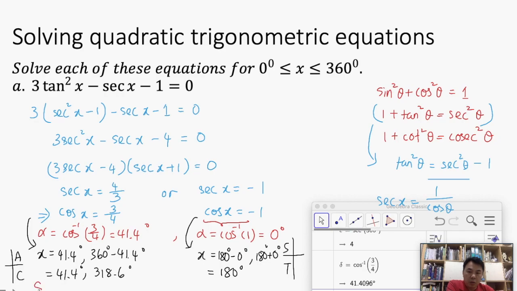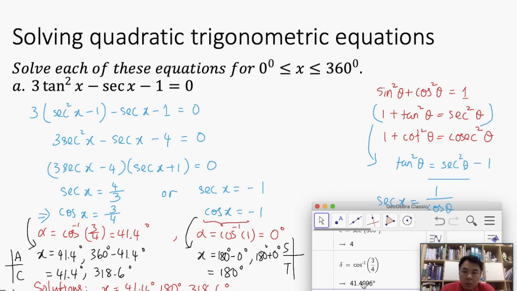Therefore, we can conclude all the solutions: x is 41.4 degrees, 180 degrees, and 318.6 degrees.